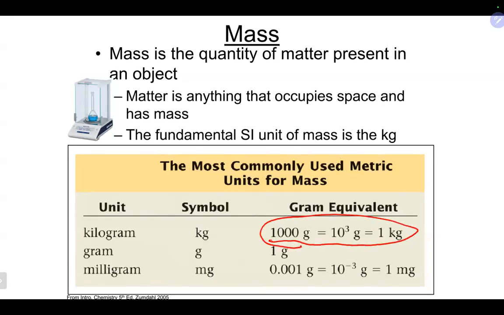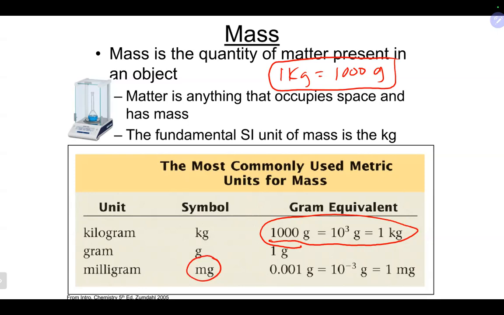And that's an important relationship. In 1 kilogram, there are 1,000 grams. So that is something you should know. And again, that's the same as this kilometer-meter relationship we saw a few slides back. The other common mass unit that we come across a lot is milligrams. It's really the milli prefix.